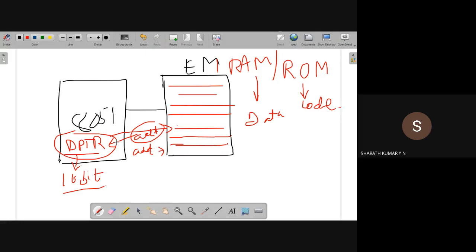If you want to understand DPTR in easy terms, you know what a pointer is in C language. I don't know whether you have studied that or it was not in the syllabus, the autonomous syllabus. Was it there in C language? Pointers?